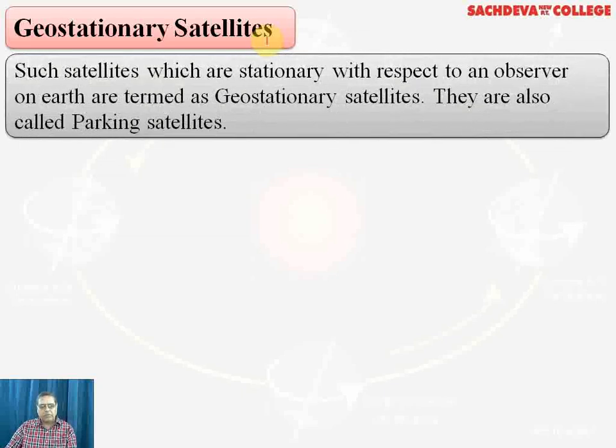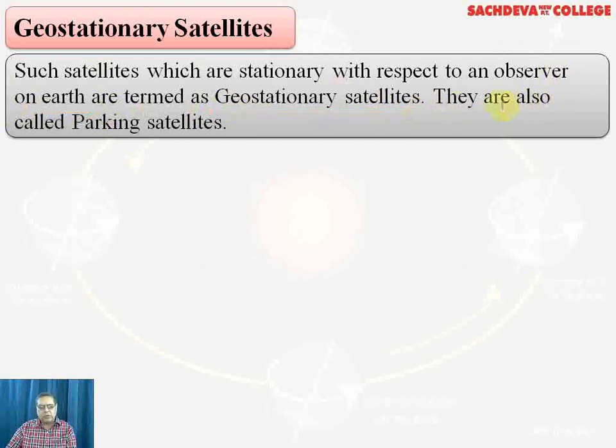Radio communication means audio frequencies or certain typical frequencies are received by the satellite and transmitted to the different stations broadcasting portions. Geostationary satellites, which are stationary with respect to an observer on Earth, are termed geostationary satellites.